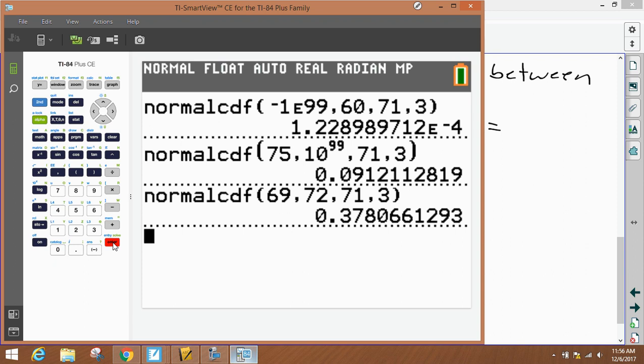Oh, it's fairly high. It's not that high. I thought it would have been a little better than that. But that says that around 37.8% of students scored between a 69 and a 72.